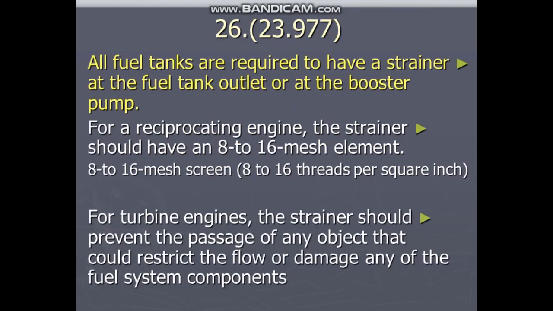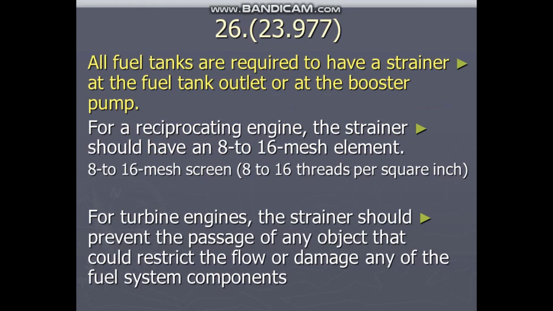26. All fuel tanks are required to have a strainer at the fuel tank outlet or at the booster pump. For reciprocating engines, the strainer should have an 8 to 16 mesh element, 8 to 16 mesh screen.